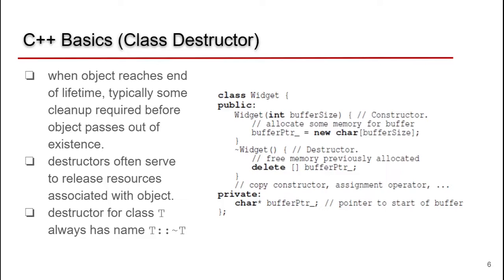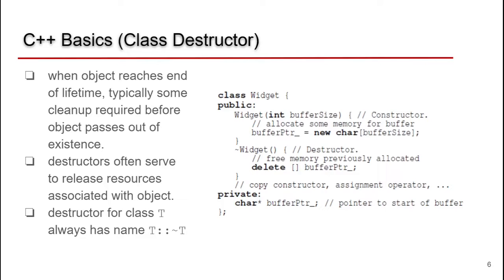The destructor is the same way, but we just add the tilde sign, this sign, and also we use the same name of the class, LinkedList. And here you do whatever you want to do.